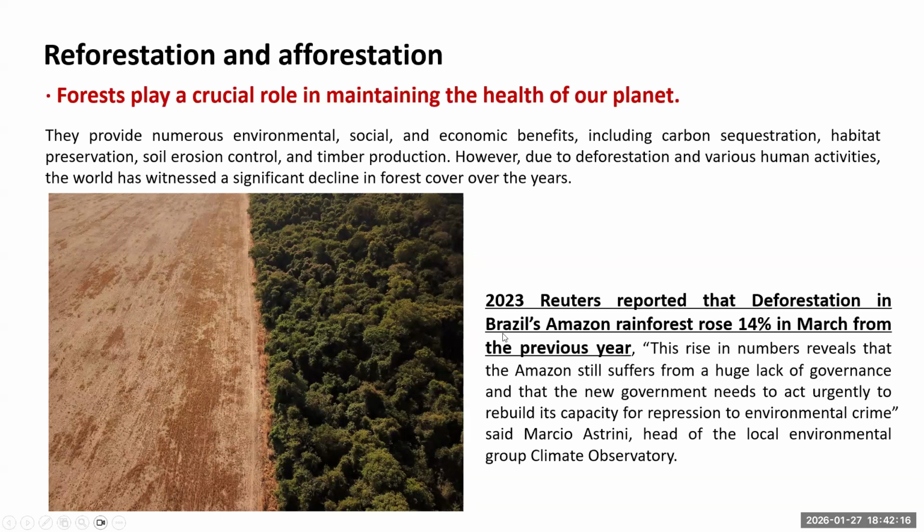This is from Reuters. It reported that deforestation in Brazil's rainforest rose 14% in March from the previous year. This rise in numbers reveals that the Amazon still suffers from a huge lack of governance, and that the new government needs to act urgently to rebuild its capacity for repression of environmental crime.